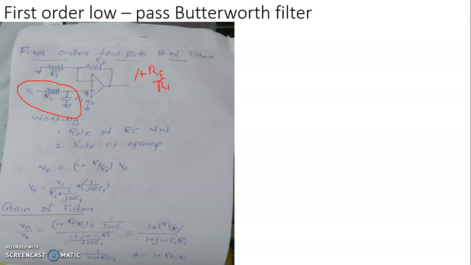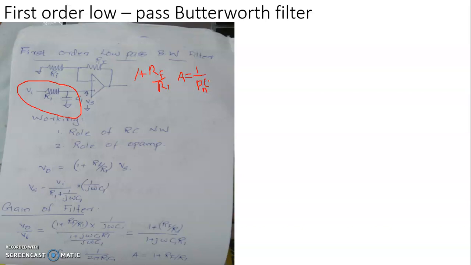Generally, there is a rule of taking the midband gain of a Butterworth filter that is generally given in terms of the value of the Butterworth polynomial of relevant order, so that midband gain of a first order Butterworth filter will be equal to 1 by polynomial value of Butterworth polynomial having order 1.